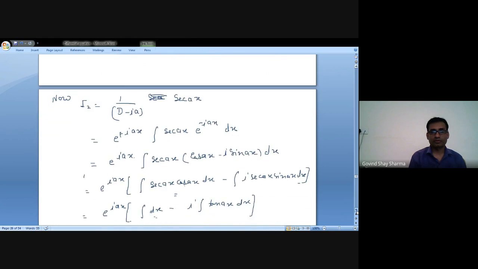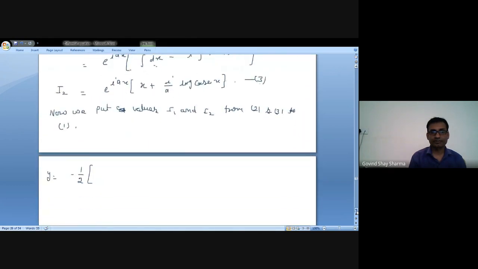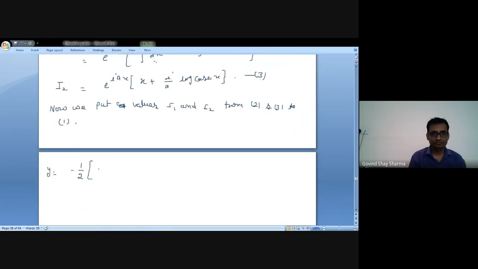e to the power minus iota ax, iota upon a log cos, plus I2 is equal to half e to the power iota ax, x plus iota upon a.